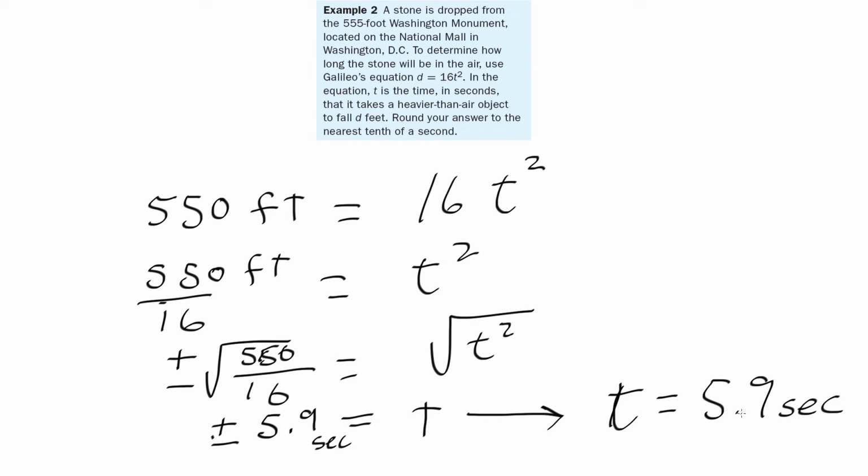Okay, next example. This asks us to solve 6 times 4n minus 3 squared equals 54. A little bit more complicated problem. So 4n minus 3 squared equals 54.